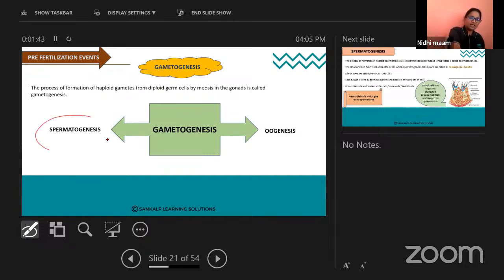As the name indicates, spermatogenesis deals with the formation of sperms. So in spermatogenesis, what are we going to learn? Where actually does spermatogenesis take place? What other activities happen along with spermatogenesis?